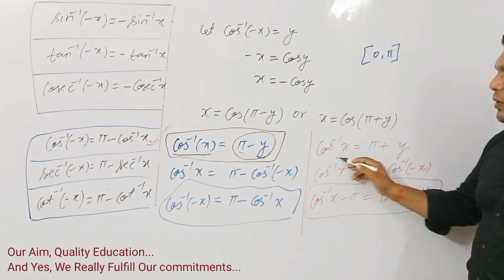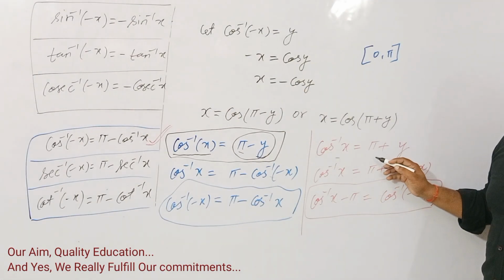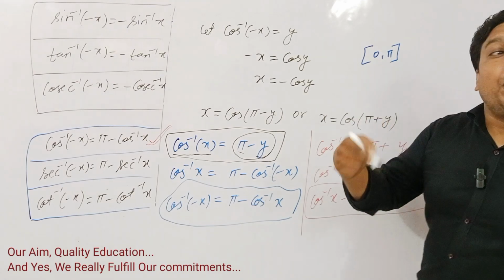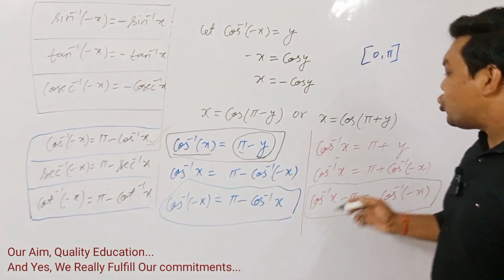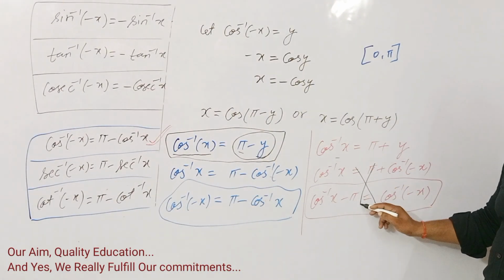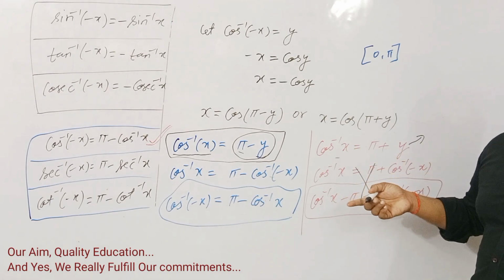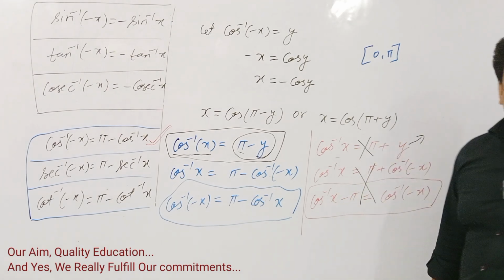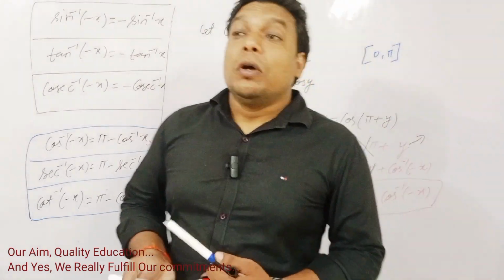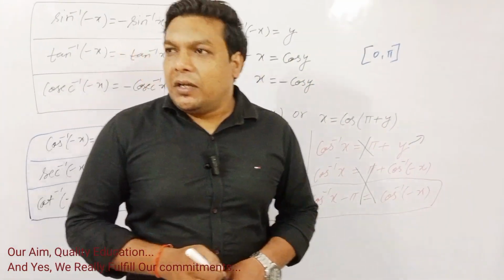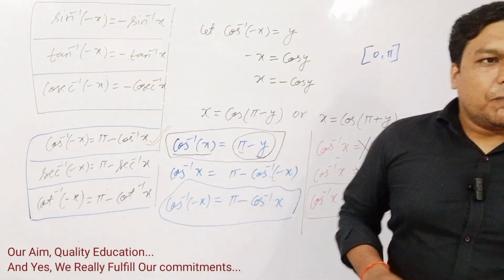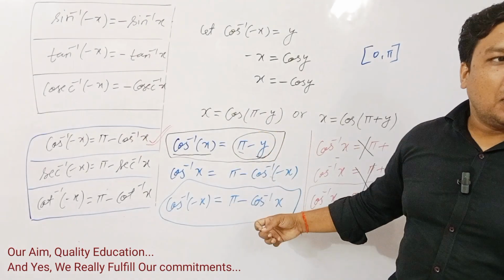Now look here: cos inverse x is equals to pi plus y. It is going beyond the PVV. Actually, we should not do this, because at this step it is exceeding the PVV. So we can't do this. In this chapter, PVV is very important. Always keep it in mind. So we will not follow this. We will follow only this.